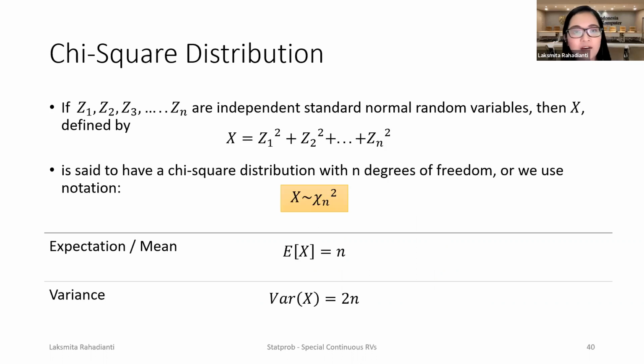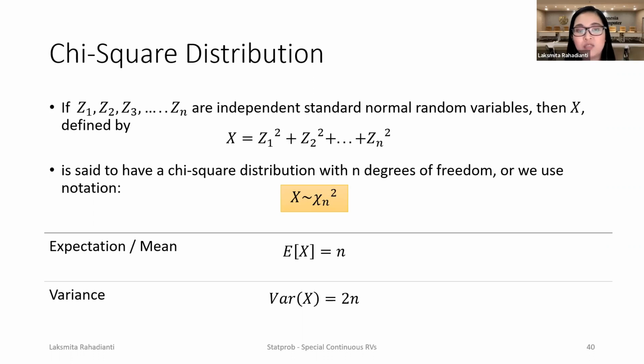If you have n standard normal variables, note here that they are standard normal, not only normal, so they're already standardized to 0 and 1, then a combination of these independent standard normal variables like this can be defined as a chi-square distribution with n degrees of freedom. So if you have n standard normal variables, that means you have n degrees of freedom.